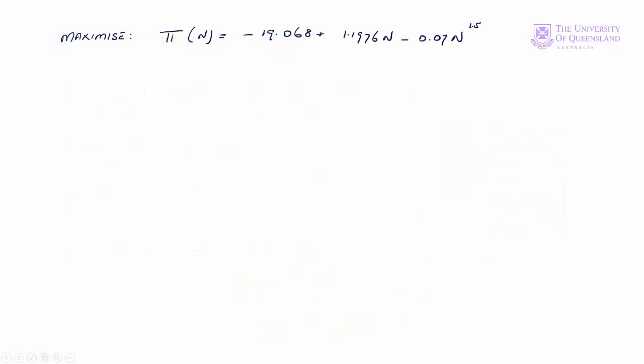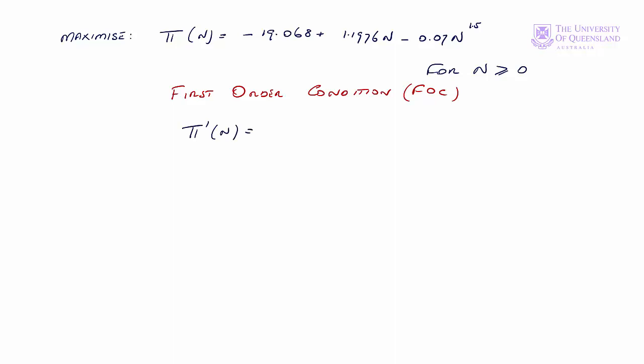We want to maximize profit. Well, our domain is n greater than or equal to 0. Next, we'll consider the first order condition. We take the first derivative, pi prime n is equal to, well, the constant disappears, plus 1.1976 minus 0.07 times 1.5, so it'll be 0.105 n to the 0.5.